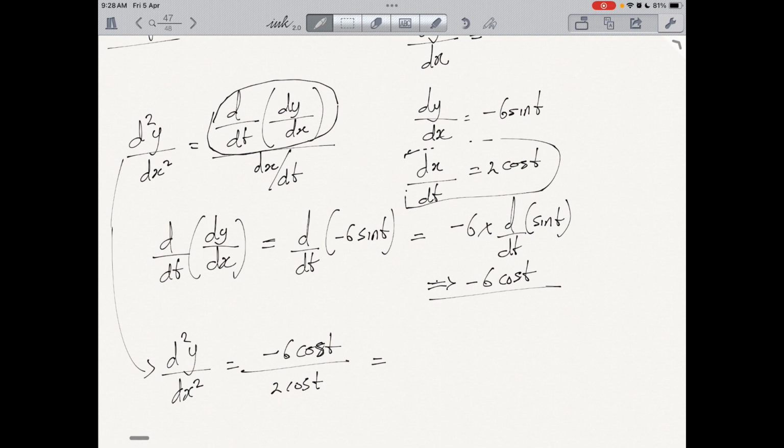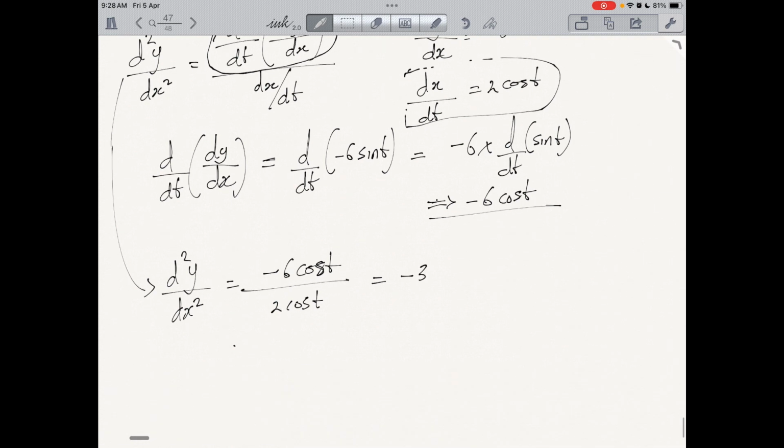Now this is equal to minus 3. In conclusion, our dy/dx is minus 6 sin t, and our d²y/dx² is minus 3.